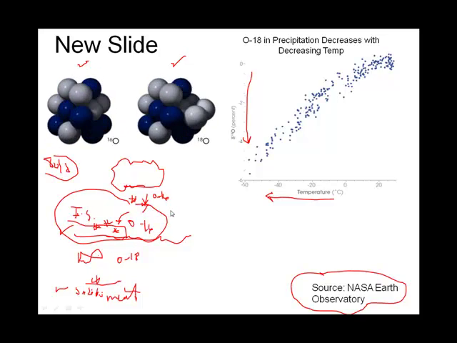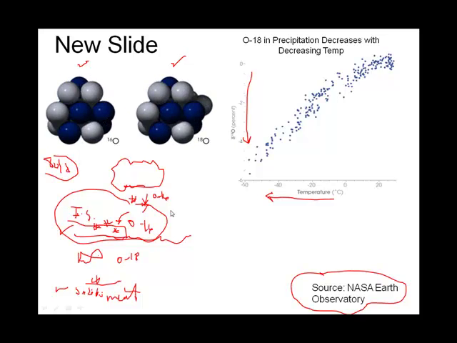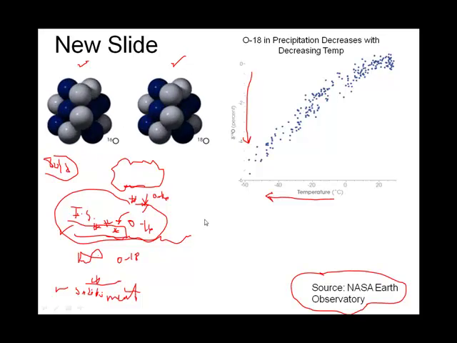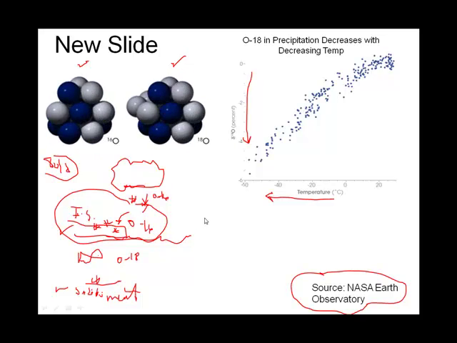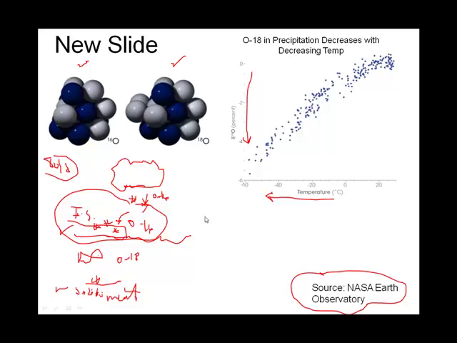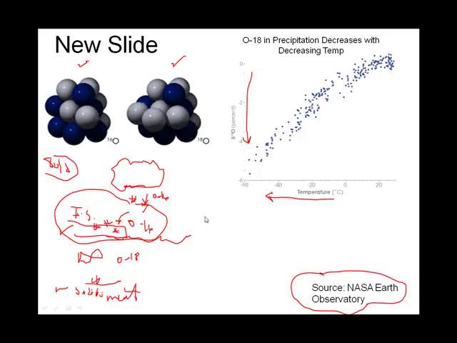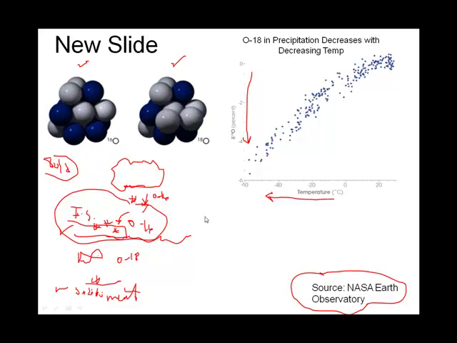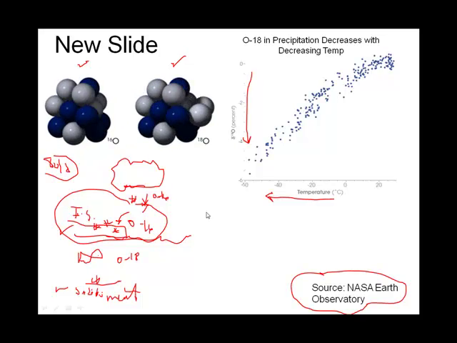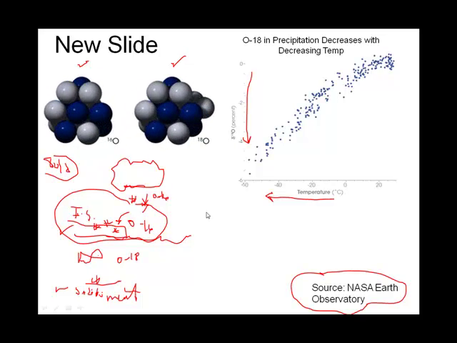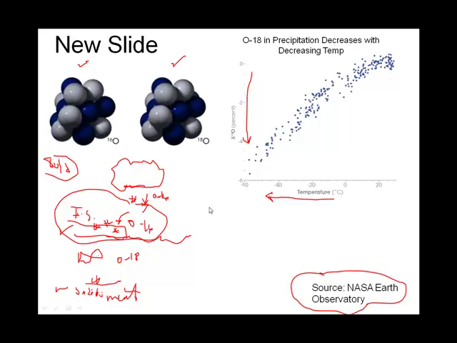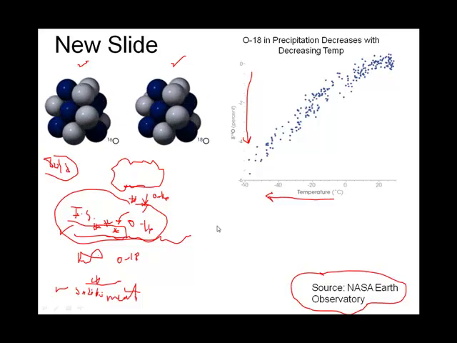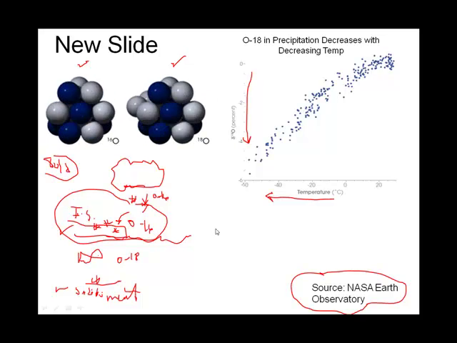They have mostly oxygen 16. And related to that, the heavier oxygen, oxygen 18, in cold during ice ages is going to be in our oceans, and it can be ingested by organisms that take it down to the ocean floor and add a layer of sediment that can be sampled.